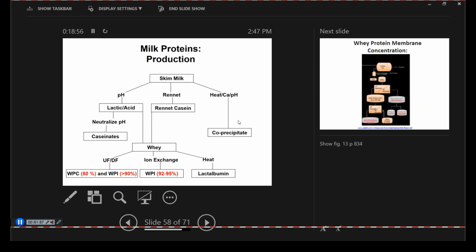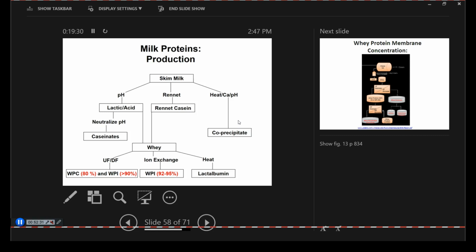Okay, production of the different protein ingredients from milk. There are so many different ways of producing protein ingredients. The most traditional one is when you produce rennet casein, or when you're producing cheese, you end up with whey. Or you can acidify the milk and then separate the caseins that precipitate at the isoelectric point from the acid whey.